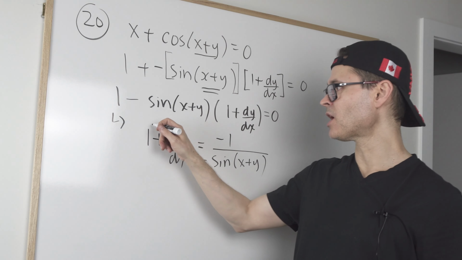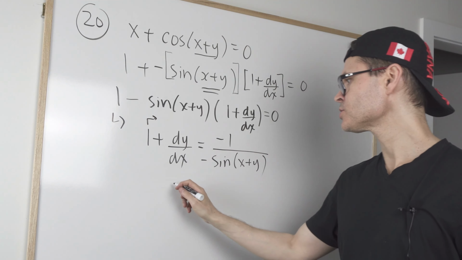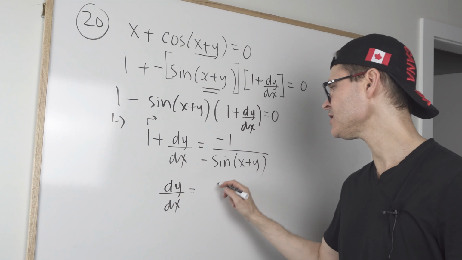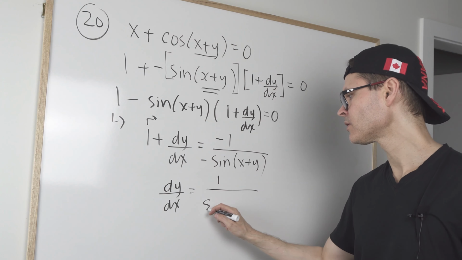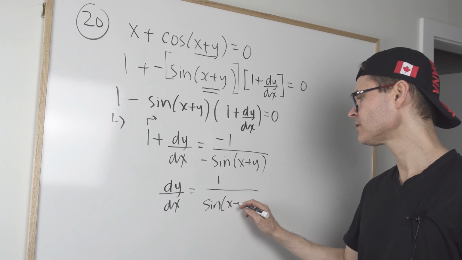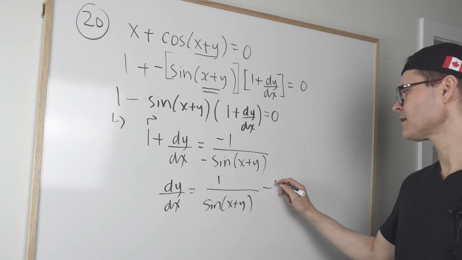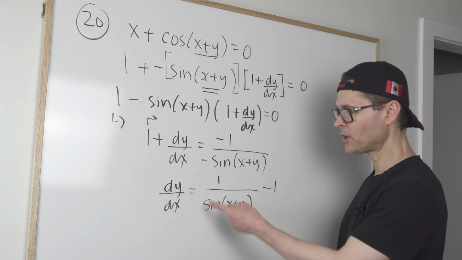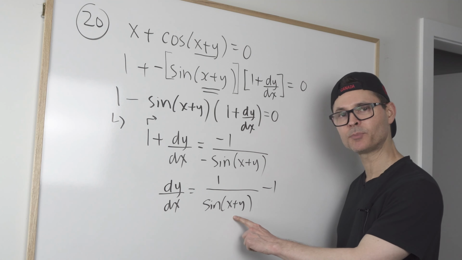And then to finish this off, I just have to move the 1 over. So finally, dy dx is equal to 1 over the sine of x plus y minus 1. And you can just leave it like that if you want to. You could also rewrite this as cosecant x plus y.